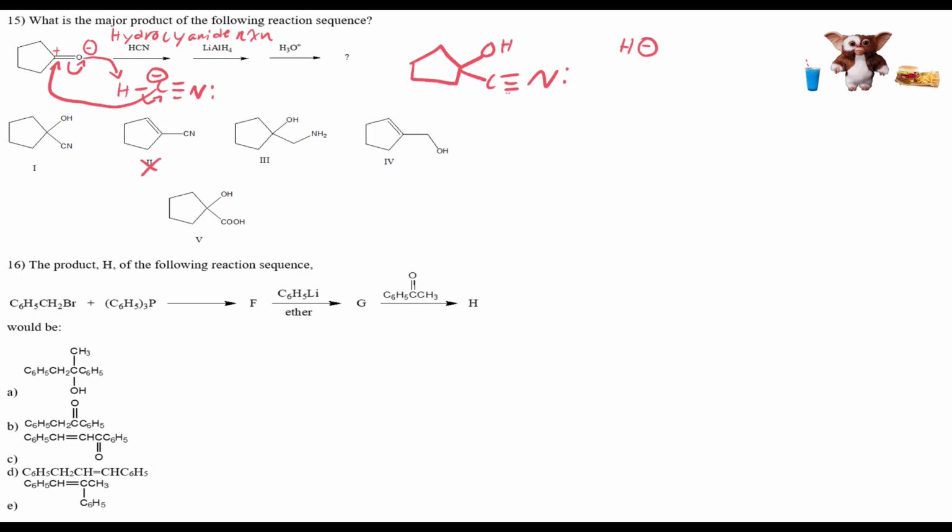Well, this carbon is neutral, but if I break a bond towards the nitrogen, I'm going to have this carbon being positive. This carbon is going to be attacked by this hydride, so let's do that. And that's a very bad cyclopentane.